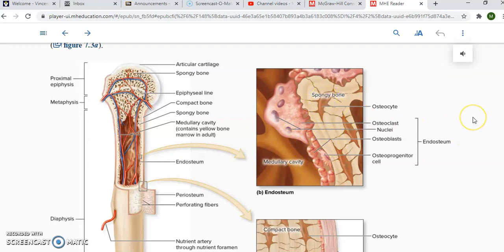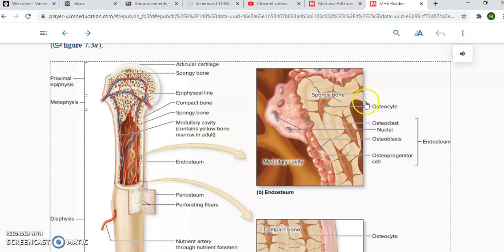And then the osteocyte's role is just to maintain that bone, watch for any sort of stress or changes in it, and then send a signal to other cells in the endosteum or periosteum to do what needs to be done to maintain that normal bone tissue. All right, so those are our first three bone cells: osteoprogenitor cells, osteoblasts, and osteocytes.